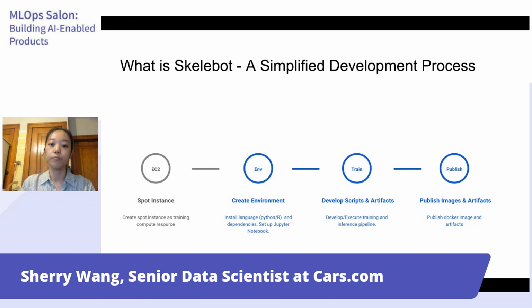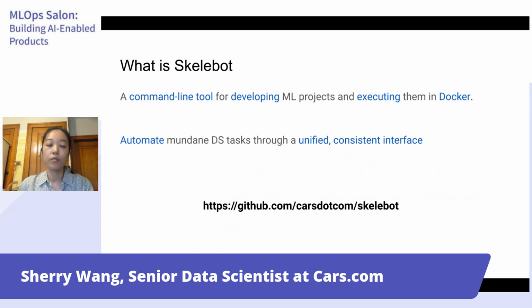And there are many things that we do repetitively across many different projects, like publishing the image or publishing the artifacts. There are also things we do repetitively every day, like creating the environment on the Spot instance we create. So that's why we created the Skelebot tool.